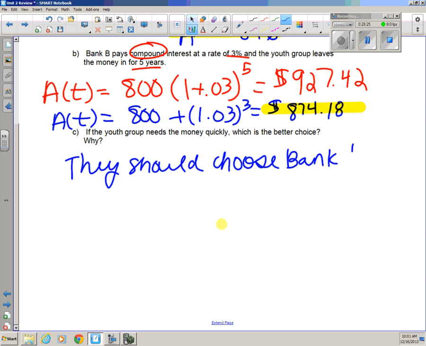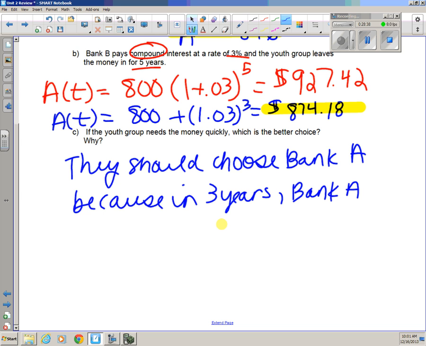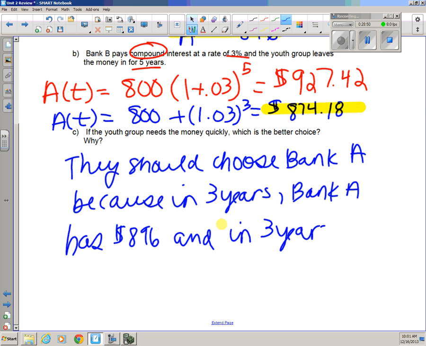Bank A because in 3 years, Bank A has $896, and in 3 years, Bank B has $874.18.